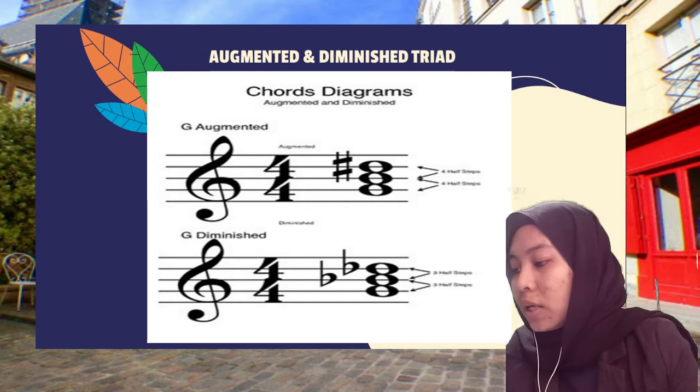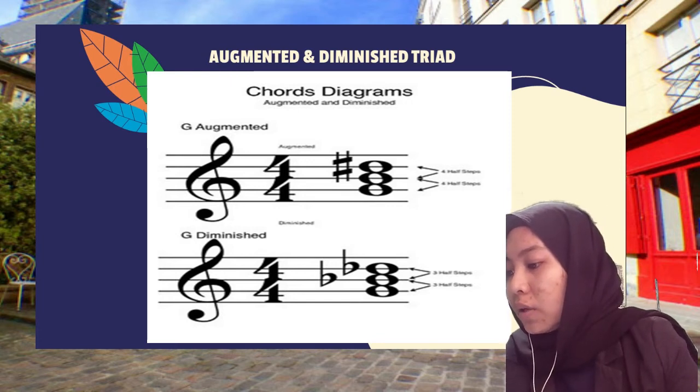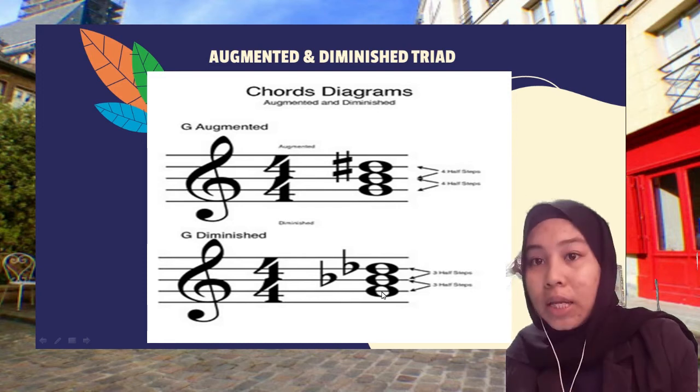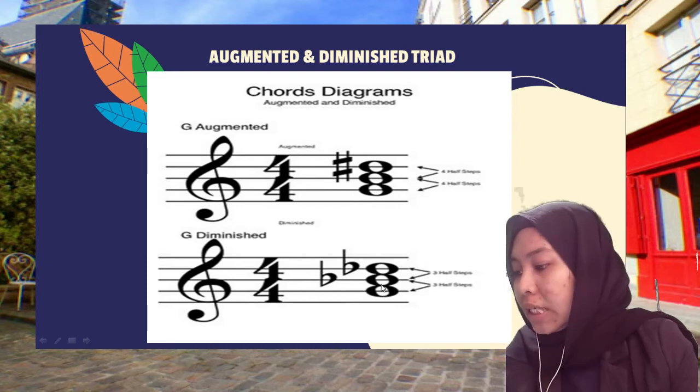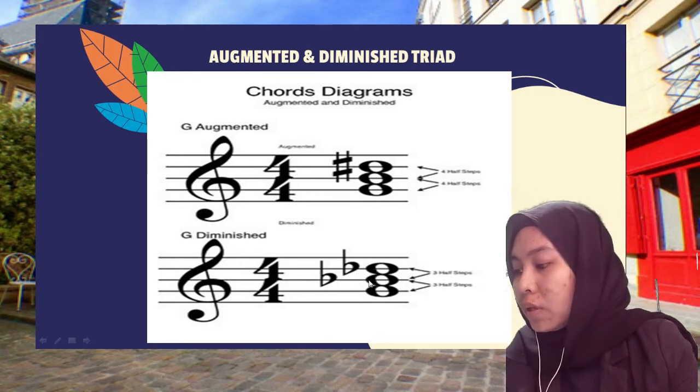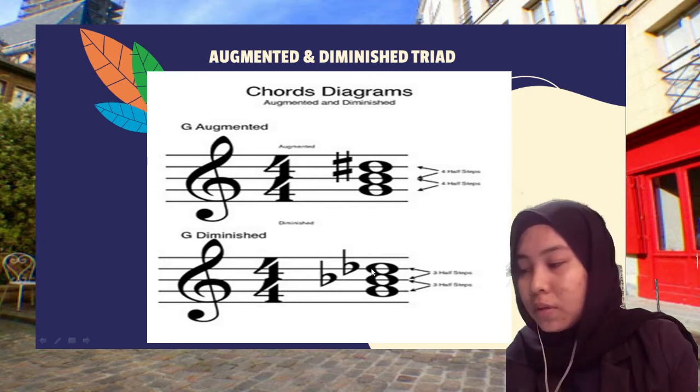Okay, look at the screen. You can see the G diminished, which is from the minor. The third and the fifth are lowered, so you'll have the lower third and the lower fifth.